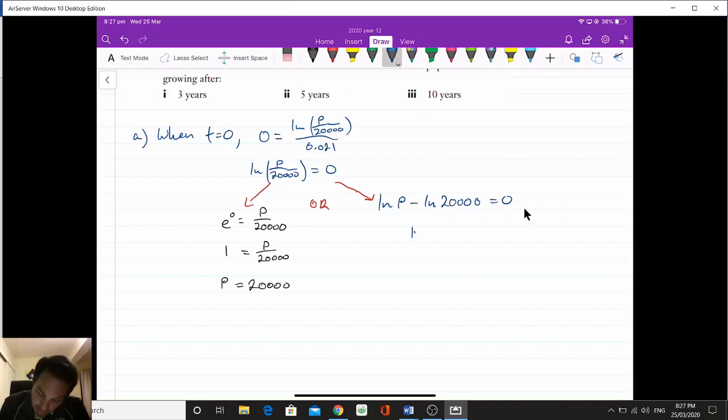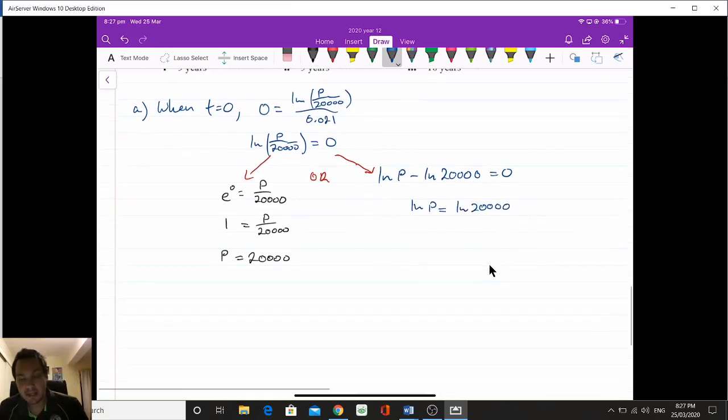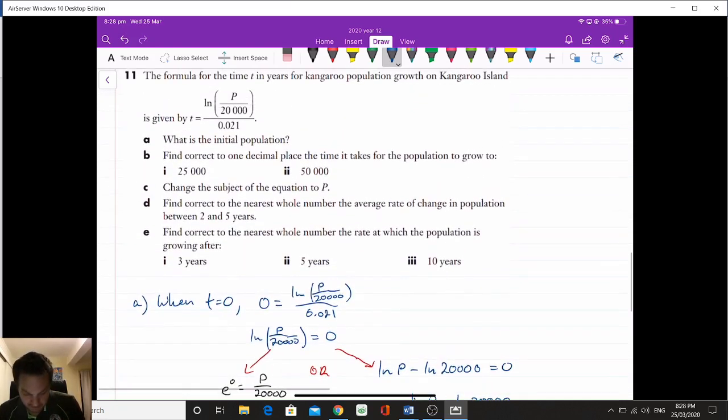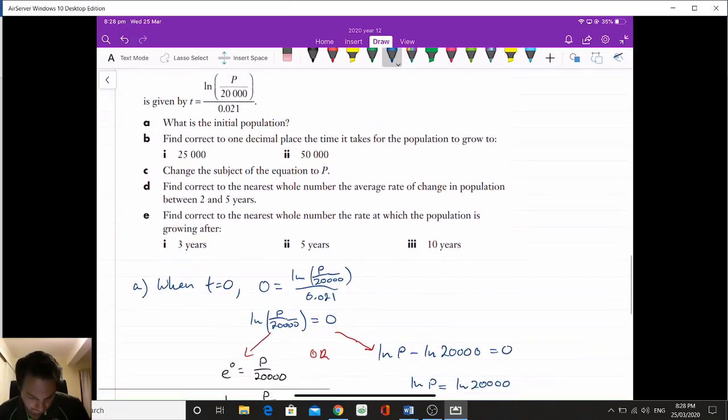So ln p is equal to ln 20,000, and then raised both of these to the power of e, which cancelled out, and we got p is equal to 20,000. So the initial population was 20,000.